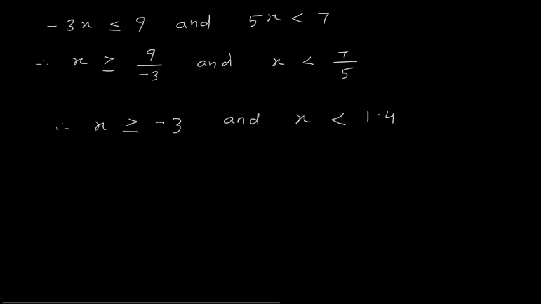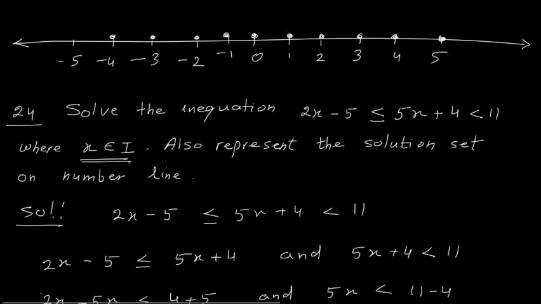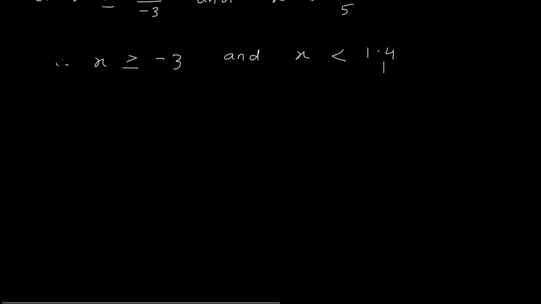We have x belonging to integer, and we have to represent the solution set on the number line. So for integers, you will take minus 3, minus 2, minus 1, 0, and 1, because it is up to 1.4 only.